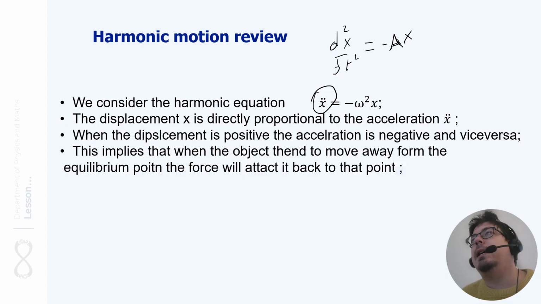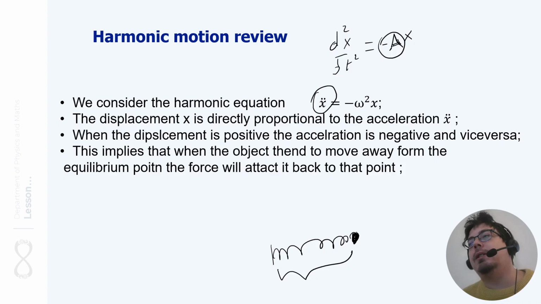Why the minus? Because we can see that the displacement is directly proportional to the acceleration, but with a negative sign. Suppose a loaded spring, where a mass is attached: if you pull the spring in this direction and let the mass go, the force will act in the other direction.